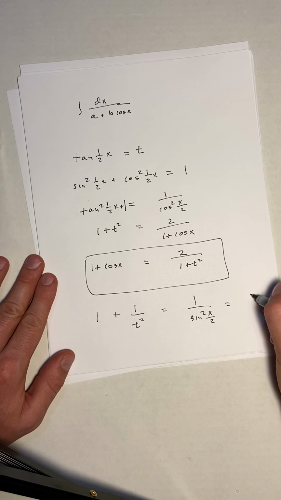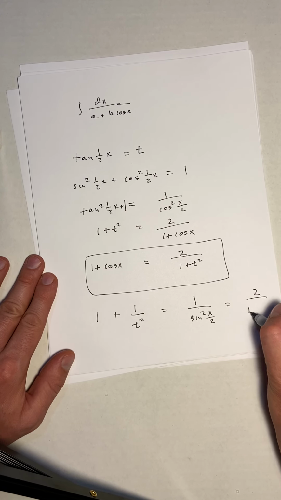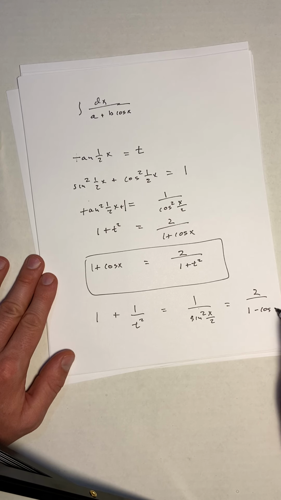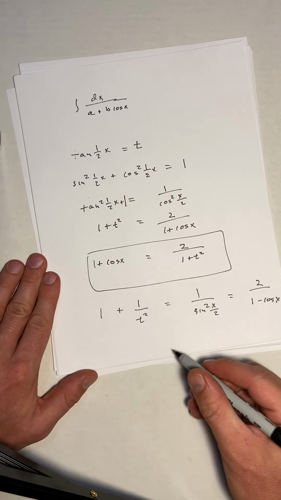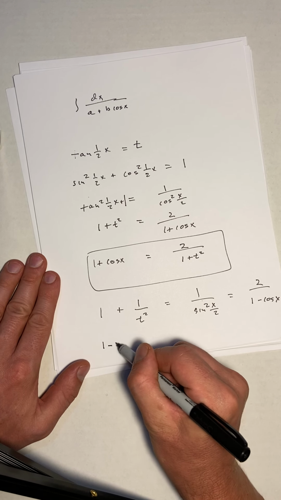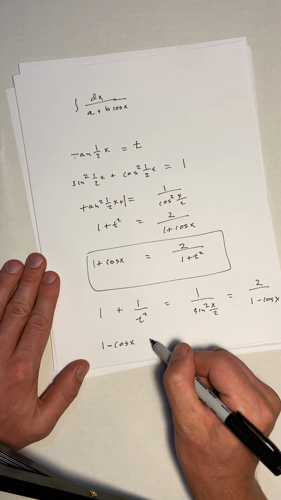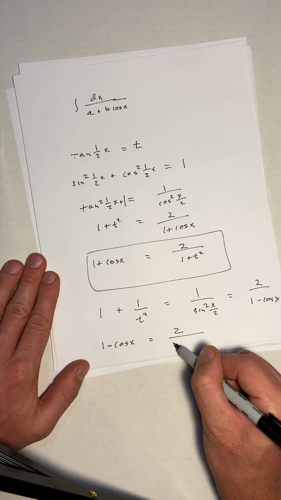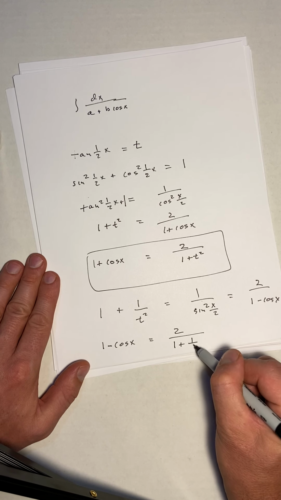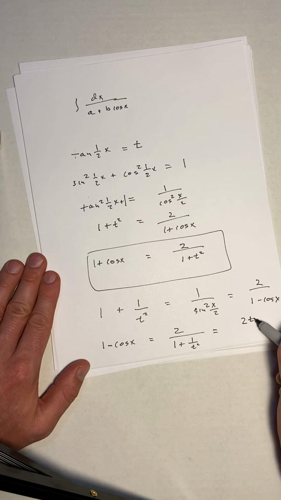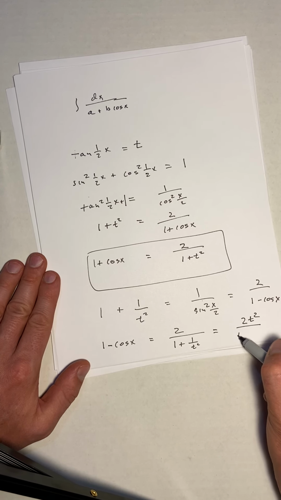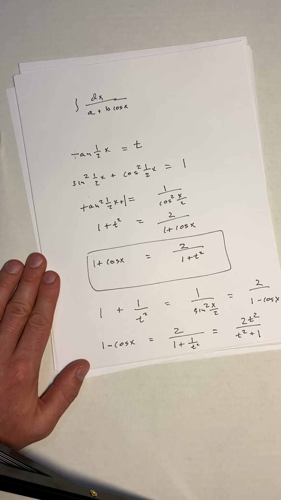And then the double angle formula becomes 2 over 1 minus cosine of x, or 1 minus cosine of x is equal to 2 over 1 plus 1 over t squared, or 2t squared over t squared plus 1.